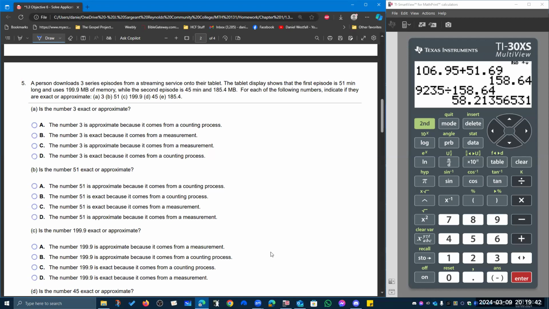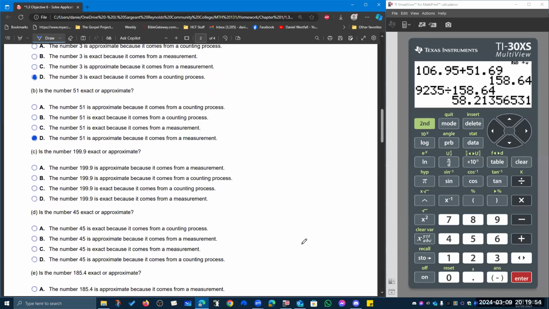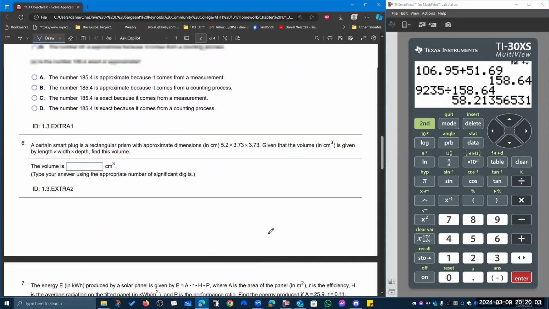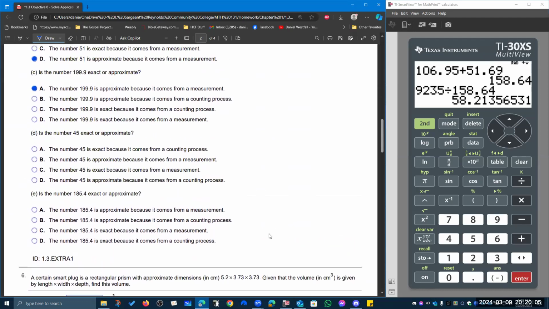The number 3 is exact because it comes from a counting process. The number 51 is approximate because it comes from a measurement. The number 199.9 is approximate because it comes from a measurement. The number 45 is approximate because it comes from a measurement.